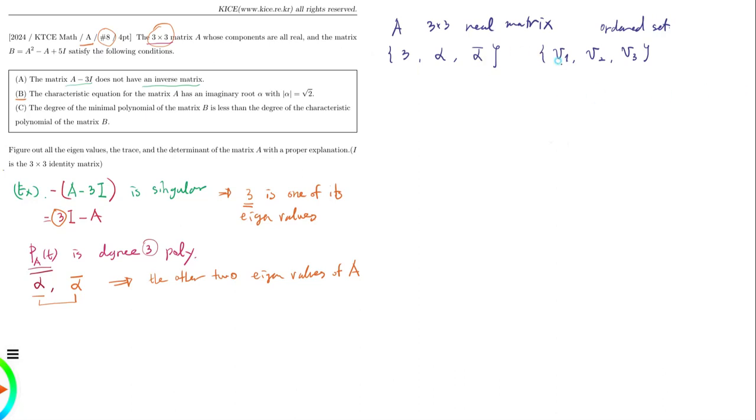So v1 corresponds to 3, v2 corresponds to alpha, and v3 corresponds to alpha bar, its complex conjugate. So for instance, A times v2 is alpha times v2, and A times v3 is alpha bar times v3, and so on.